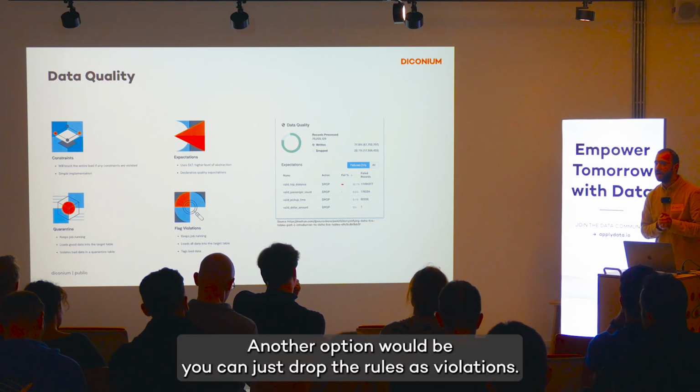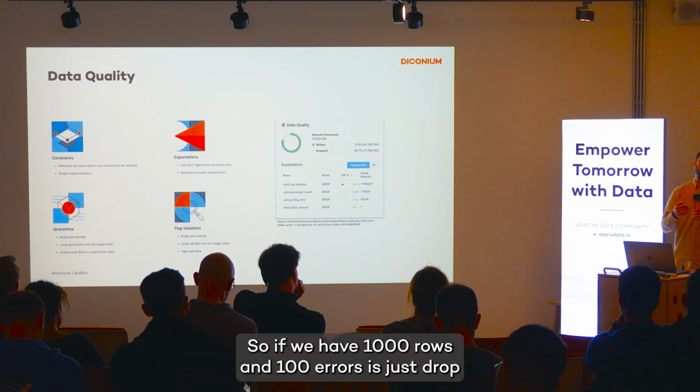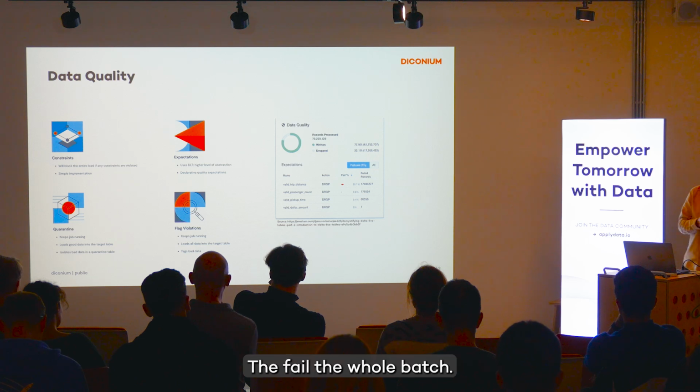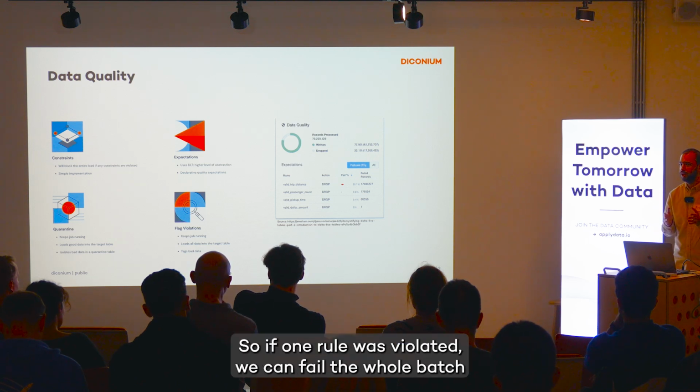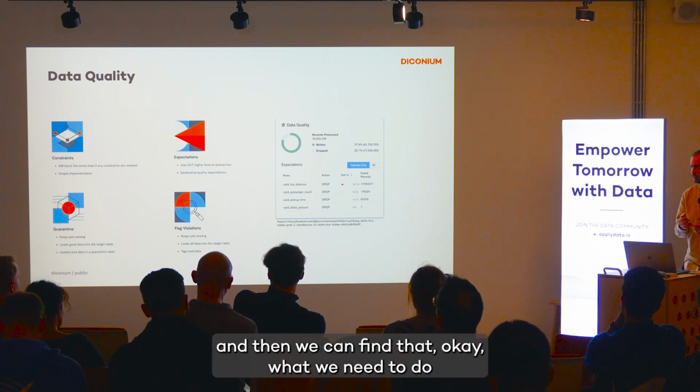Another option would be to just drop the rows that violate. So if we have 1,000 rows and 100 errors, we just drop 100 records and put the others. Or the last one is to fail the whole batch. So if one row was violated, we can fail the whole batch, and then we can find out what we need to do.